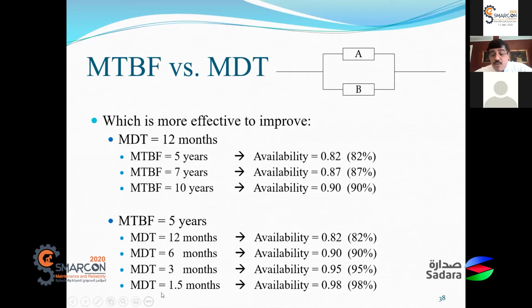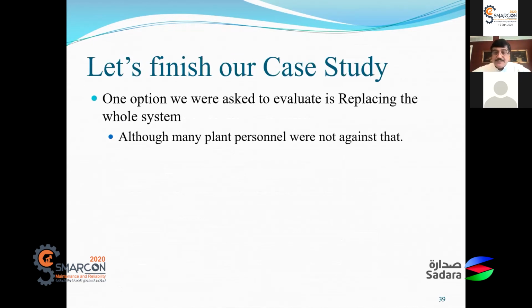And if you improve it to one and a half months, which is achievable, then maybe your time and effort is better invested in improving the downtime than in improving the mean time between failure.